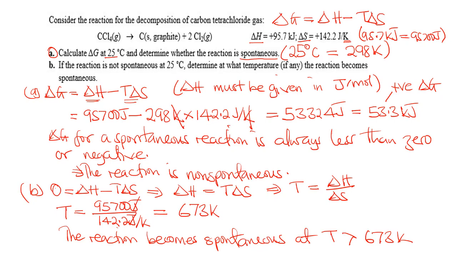If you put a temperature greater than 673, say 690 Kelvin, the delta G will become negative. The negative part of the equation, T delta S, will get bigger than the positive delta H, and then the whole equation will have a negative sign.